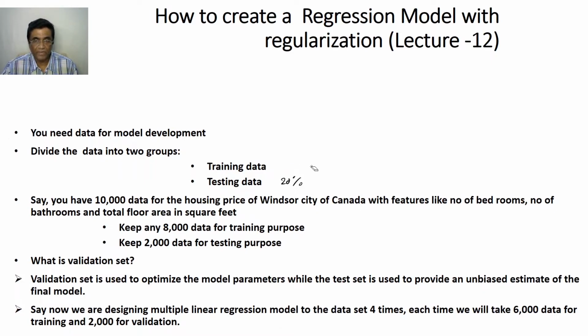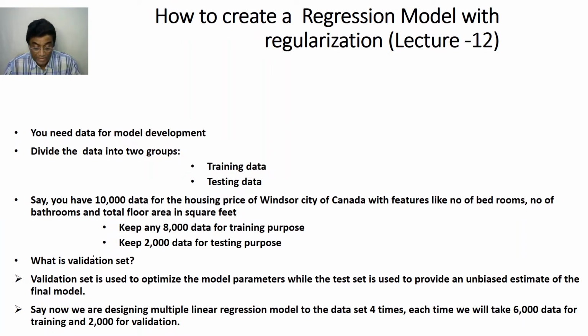But it is your choice, normally 80-20 or 70-30 or sometimes 65-35, whatever. Suppose 10,000 data you have been given for housing price data in a Canadian city, then you can easily do 80-20, meaning 8,000 data for training purpose and 2,000 data for testing purpose.